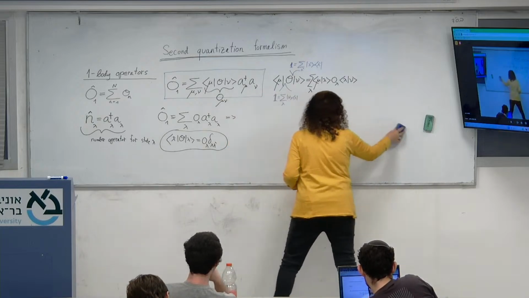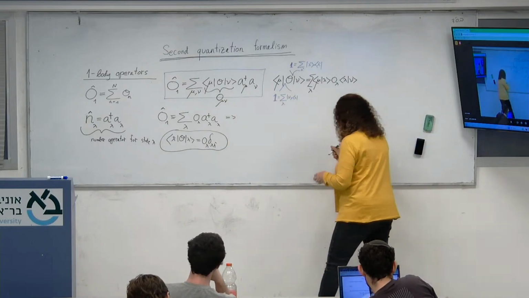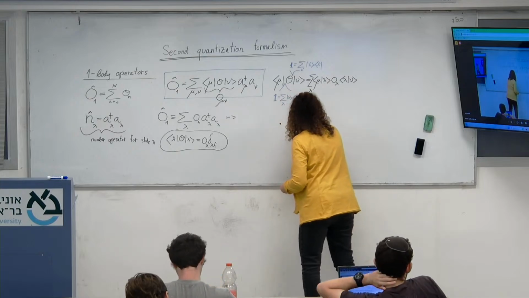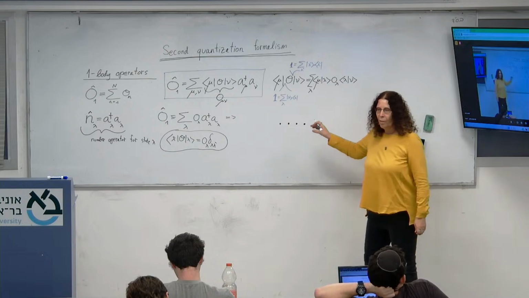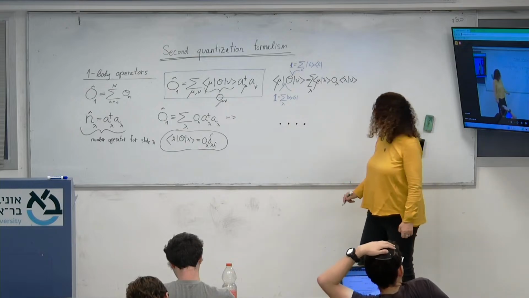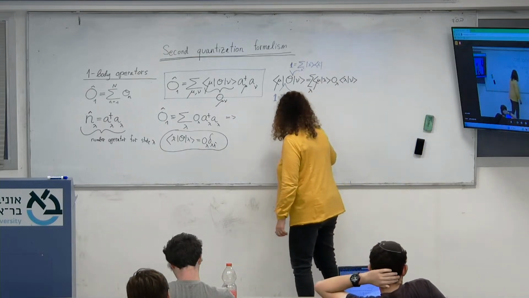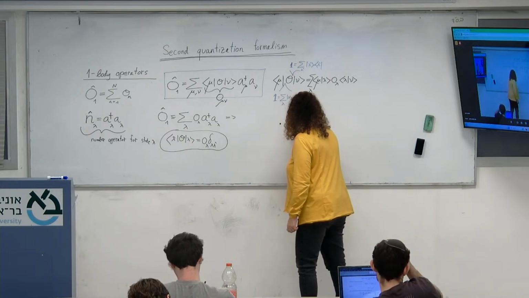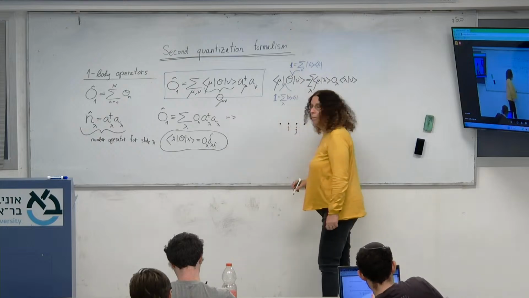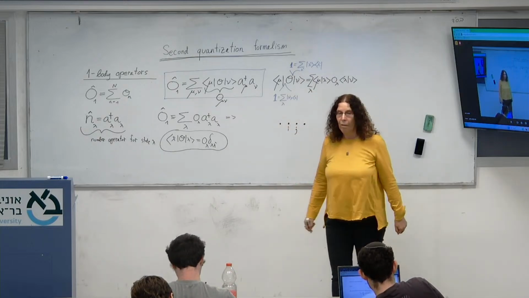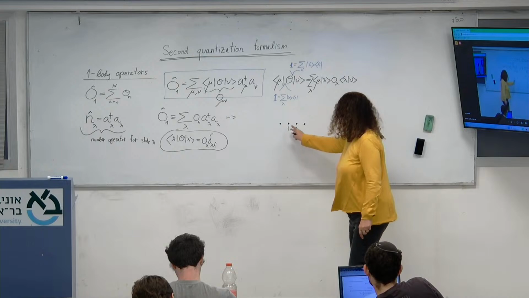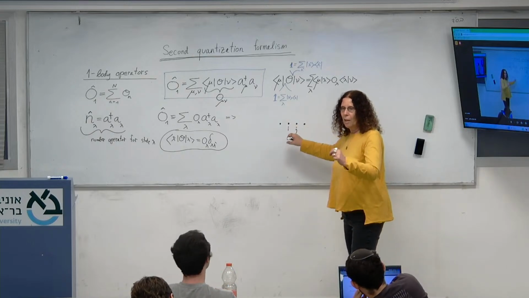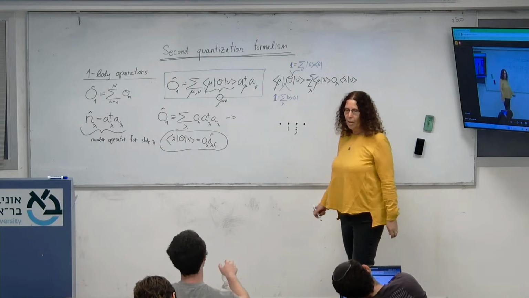Let's assume that you have particles on a lattice. For simplicity, let's take a chain of atoms, like a one-dimensional Bravais lattice, and they have an index I and index J. These are localized sites, or local atoms in the crystal.